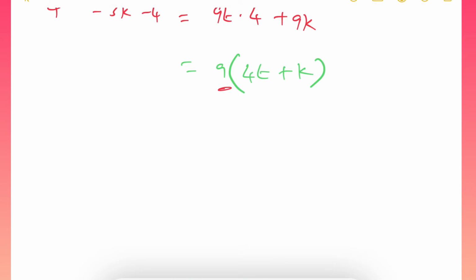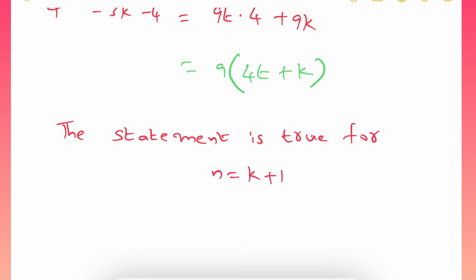So the statement is true for n equals k plus 1. So by the principle of mathematical induction, the given statement is true for all n belongs to capital N.